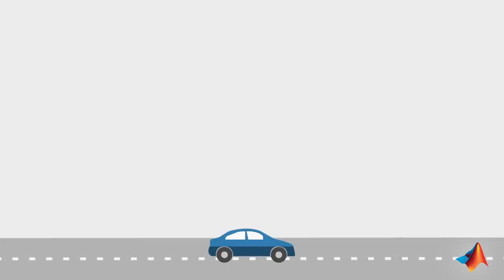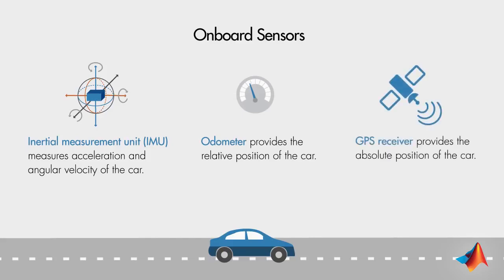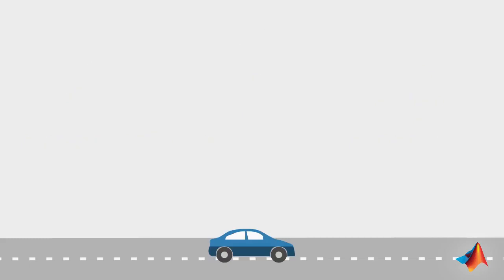Let's look at the sensors you have on board, which help you find your position and navigate you to the airport. The inertial measurement unit uses accelerometers and gyroscopes to measure the car's acceleration and angular velocity. The odometer measures the relative distance traveled by the car. The GPS receiver receives signals from satellites to locate the car on Earth's surface.